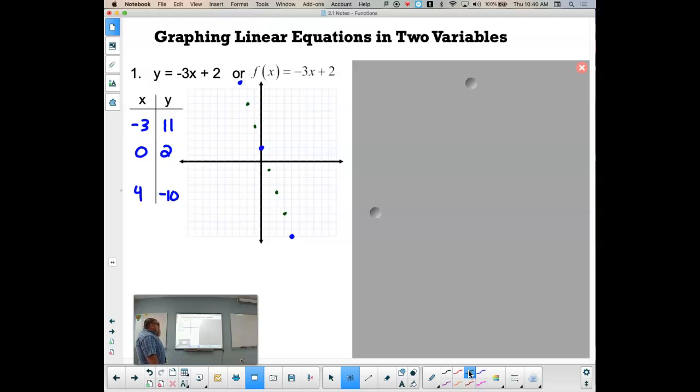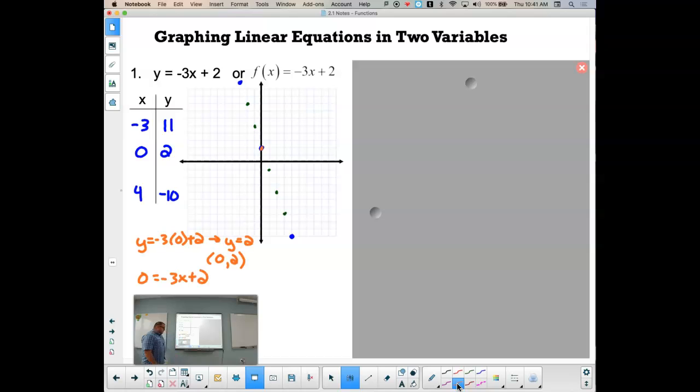Intercept method, probably not the best in this case. If I plug in 0 here for x, y equals -3 times 0 plus 2, that's going to give me y equals 2. So that's going to be the point 0, 2. That's this one right there. Okay. 0 equals -3x plus 2.